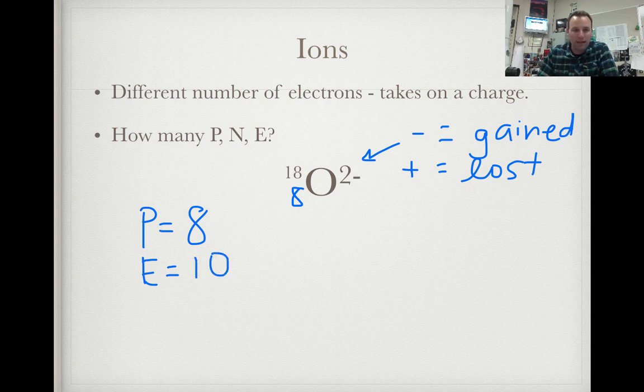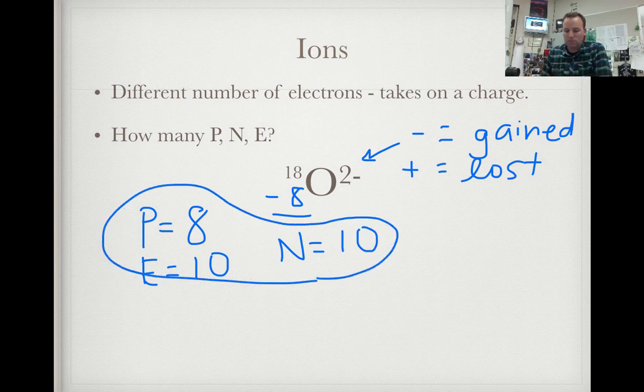Normally we'd have 8 if it was a neutral atom, but we've gained 2 electrons, so that means we have 10. And remember, the number of neutrons is the mass number minus the atomic number, so 18 minus 8 gives us 10 in this case. So that's how you find the number of protons, neutrons, and electrons for an ion.